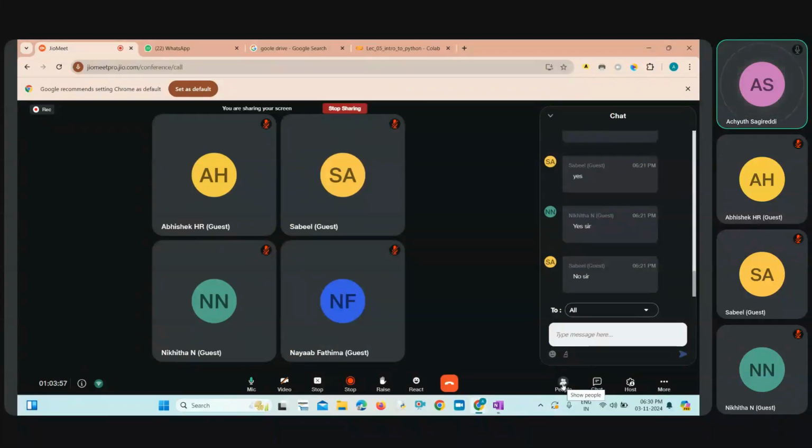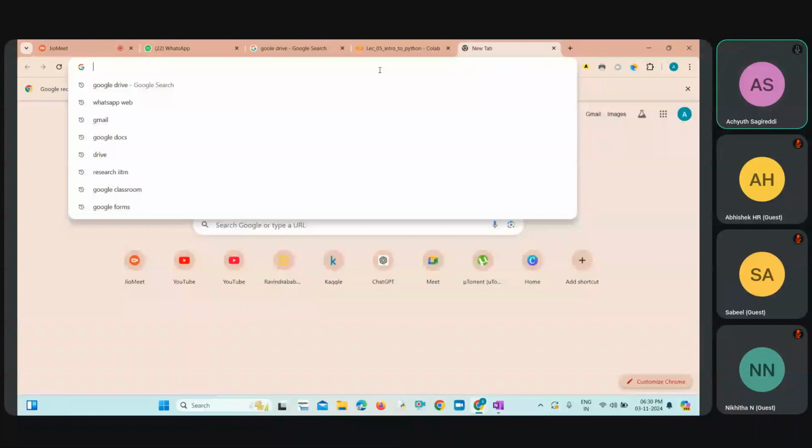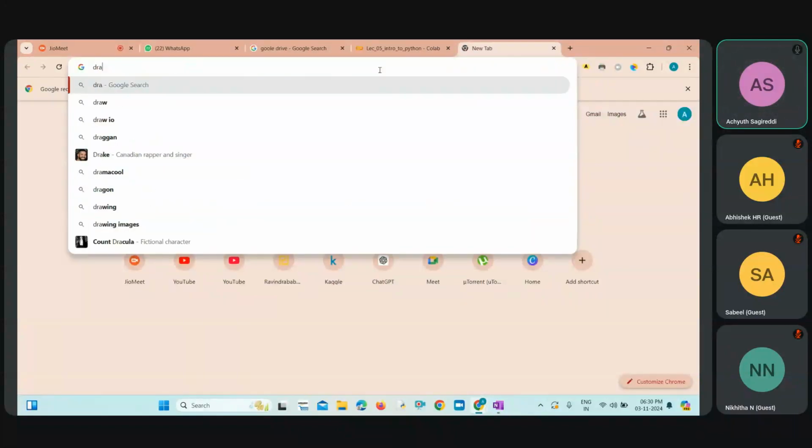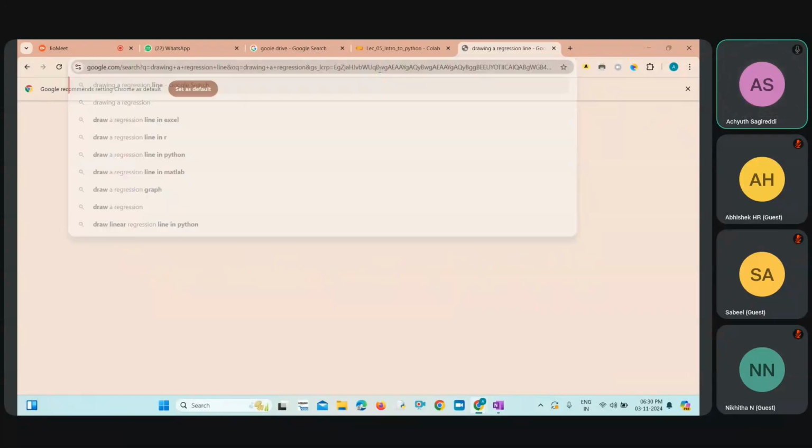Anyways, these are not required for you, but I'm telling it for completeness' sake. Okay, we'll see how these points look like.